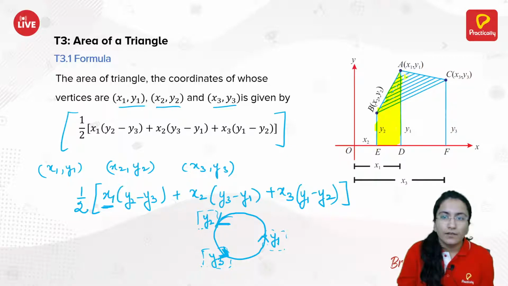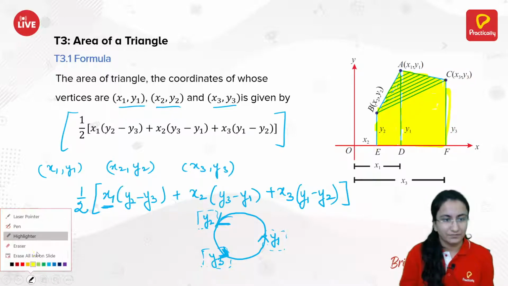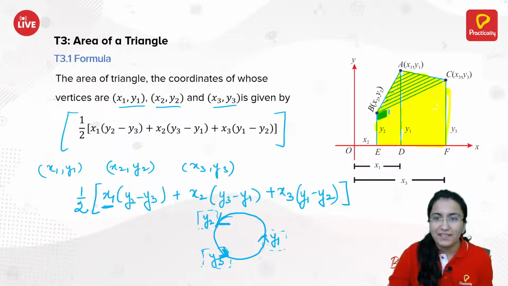In a similar way, you can find the area of this second trapezium. This is the second trapezium we have, right? You can find the area of this second trapezium over here. And if you are able to calculate the area of both trapeziums, now what you need to do is find the area of some other trapezium. What exactly is it?